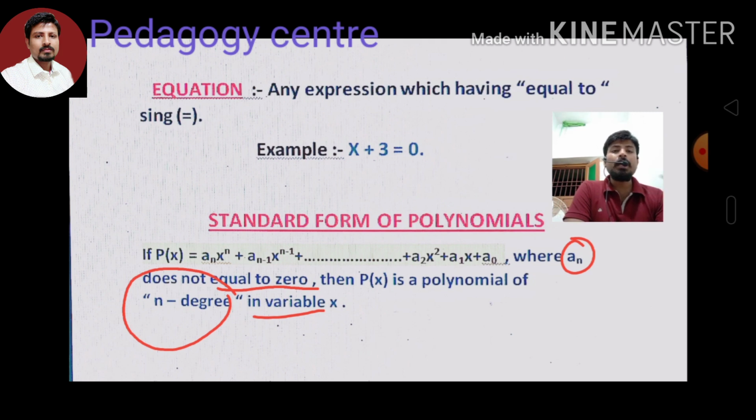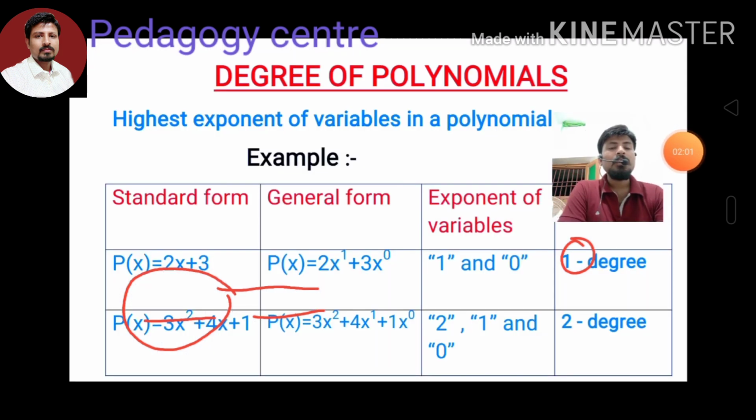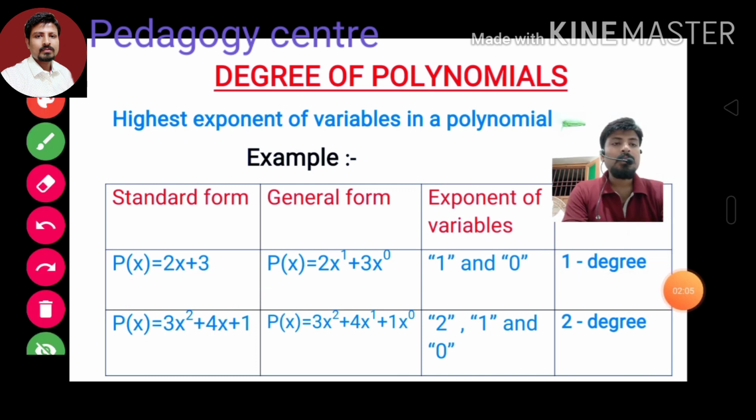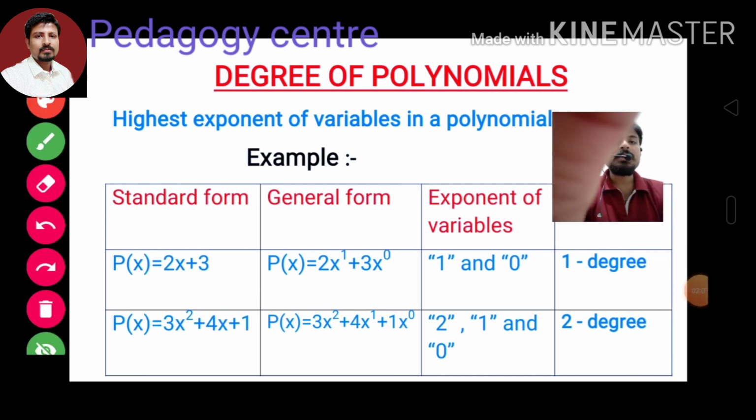Which type of degree is this polynomial? N degree polynomial in variable x. What is the degree of a polynomial?